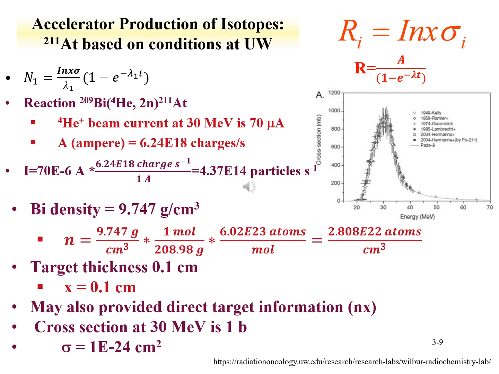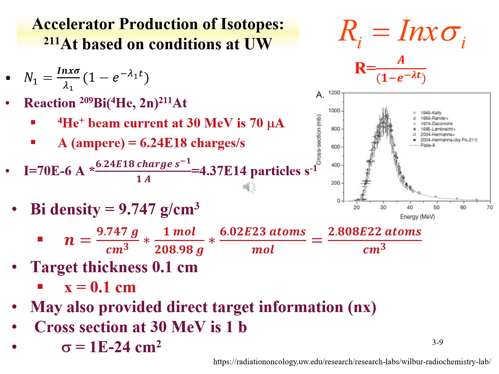The helium projectile is a monovalent helium beam, and at 30 MeV, it has a beam current of 70 microamps for this accelerator. The unit ampere is used to convert the microamps to charges per second using the conversion that 1 ampere is equal to 6.24 times 10 to the 18th charges per second.